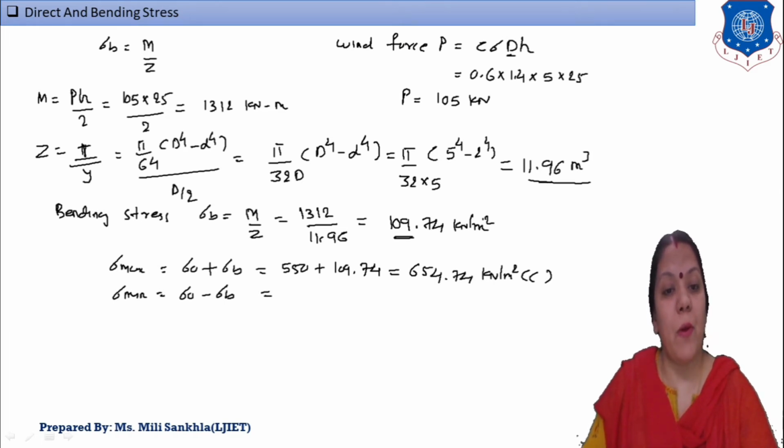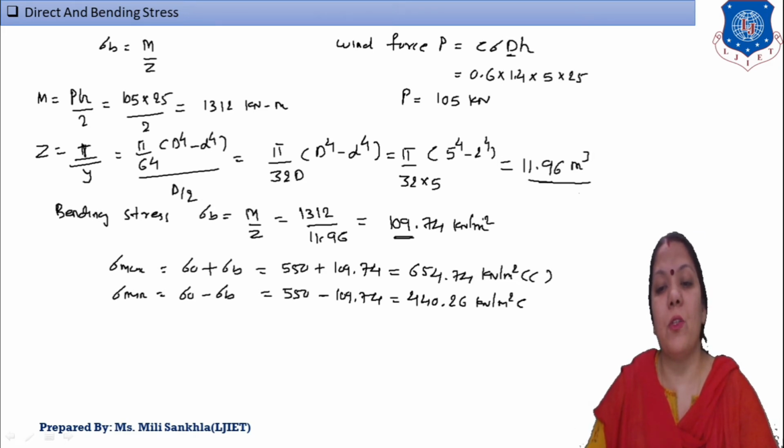Now sigma minimum is equal to 550 minus 109.74, and the answer is equal to 440.26 kilonewton per meter square.